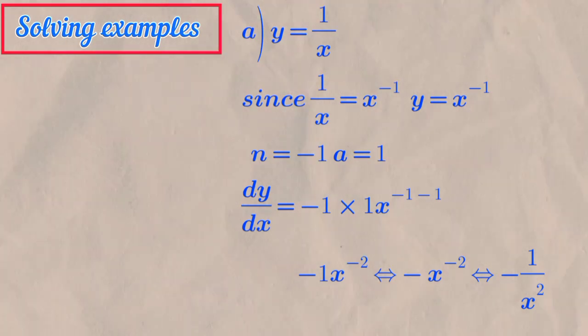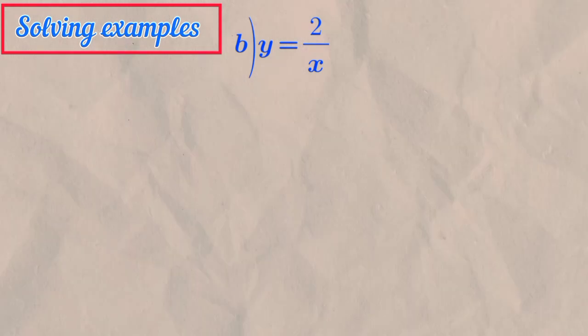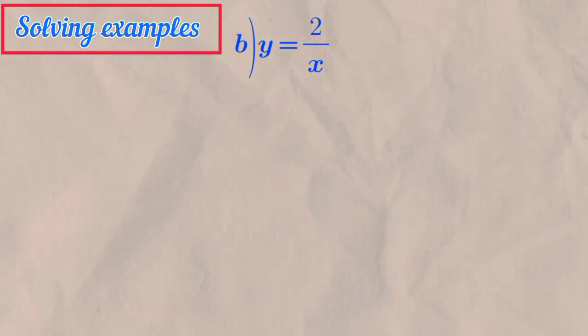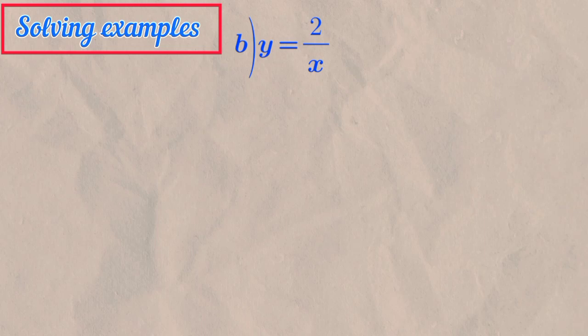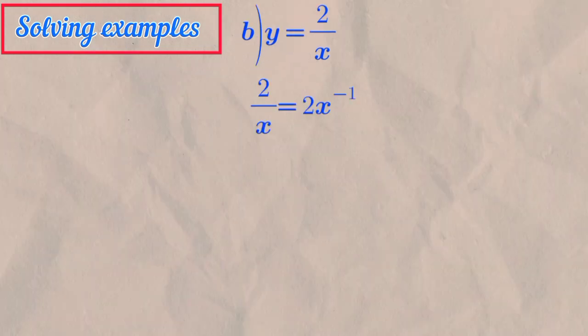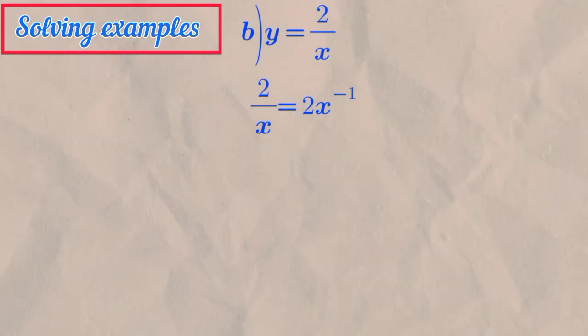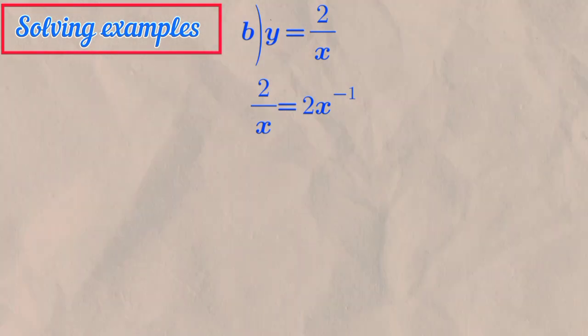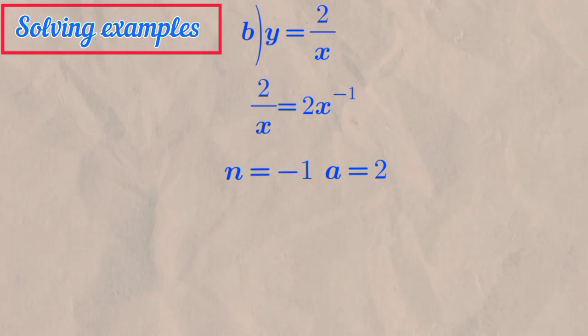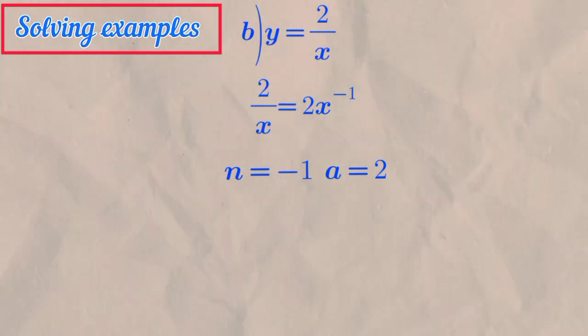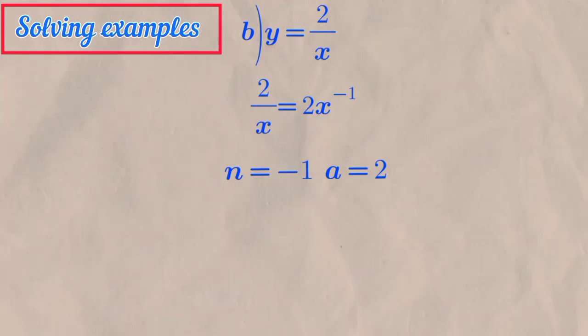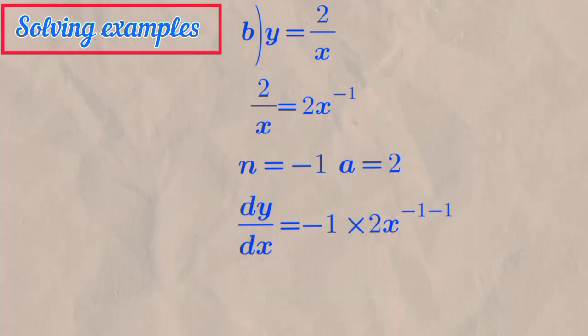Now let's take another example. We have y equals 2 over x. Now once again, 2 over x can be written as 2x raised to the power of minus 1. And again, the value of our n is equal to minus 1 and the value of our a is equal to 2. So when we solve this, we have minus 1 multiplied by 2, then x raised to the power of minus 1 minus 1.